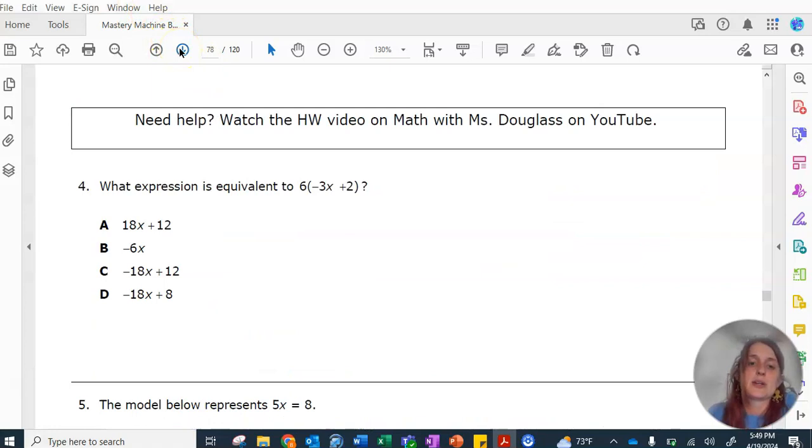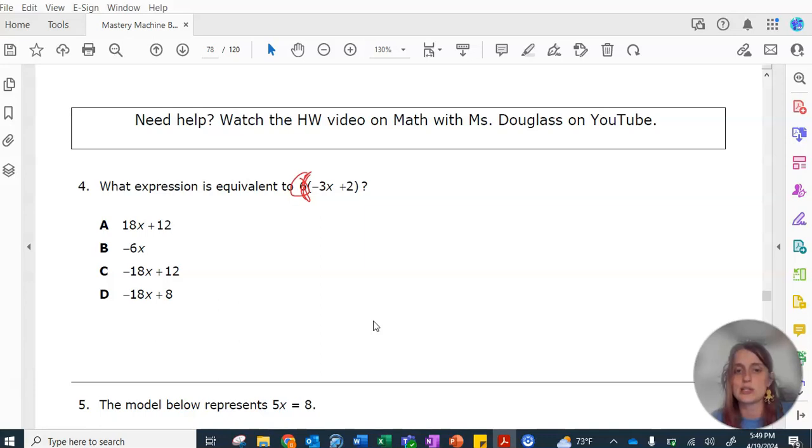On the back, what expression is equivalent to that? Since I see parentheses, that really tells me I should do that first, but I actually don't know how to combine negative 3x and 2 since they're not both in terms of x. So I can't do any combination there. So I move on down the list to no exponents. Oh yes, multiplication. This, smushed against the parentheses, says 6 times everything in the parentheses.